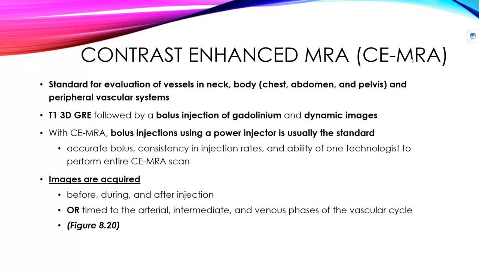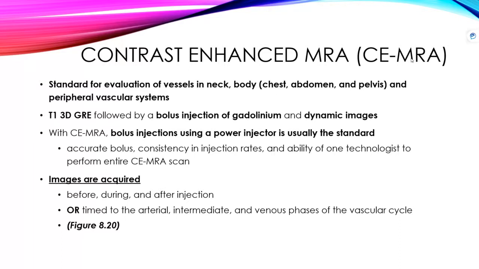These are all things that as you get better, you're going to kind of already know. You know, this patient needs this much contrast dosing. I know I need to be able to inject it at this rate, but their blood vessels are awful and I need to go slower. So that means I need to slow my time. All of these things are things that you will get better at as you continue to use contrast enhanced MRA.